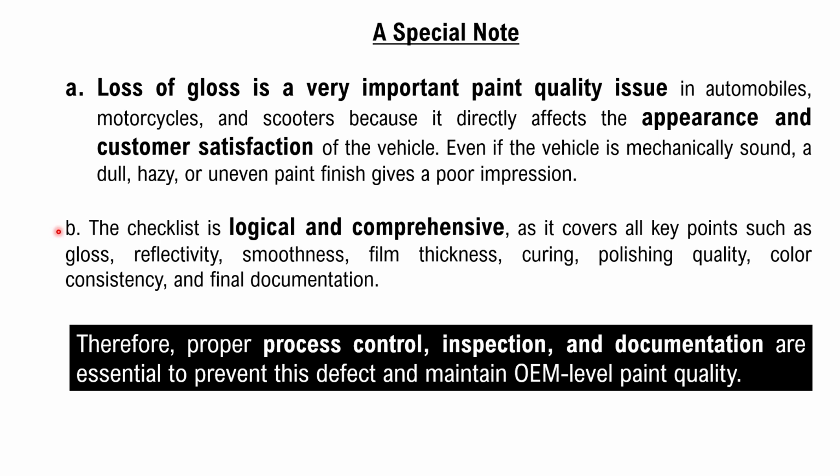The checklist is logical and comprehensive as it covers key points such as gloss, reflectivity, smoothness, film thickness, curing, polishing quality, color consistency, and final documentation. Therefore, proper process control, inspection, and documentation are essential to prevent this defect and maintain OEM level paint quality.